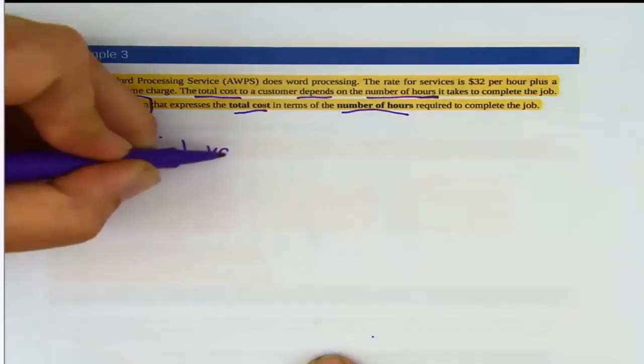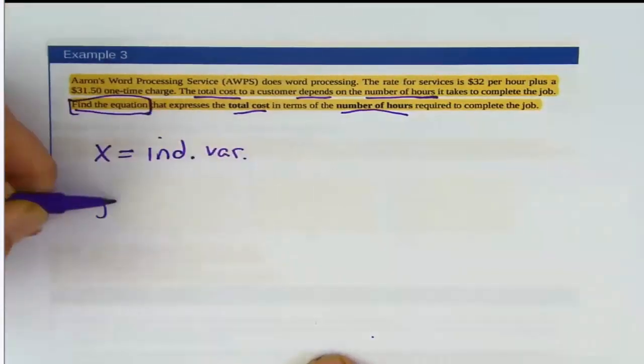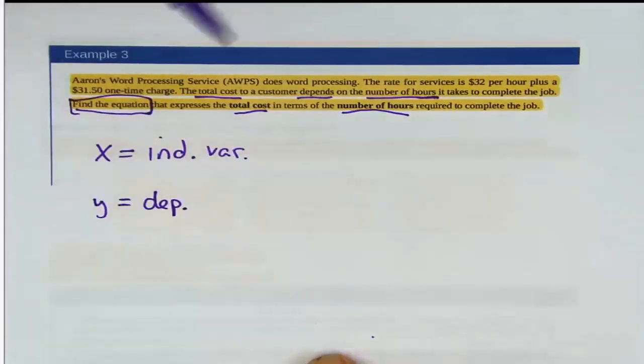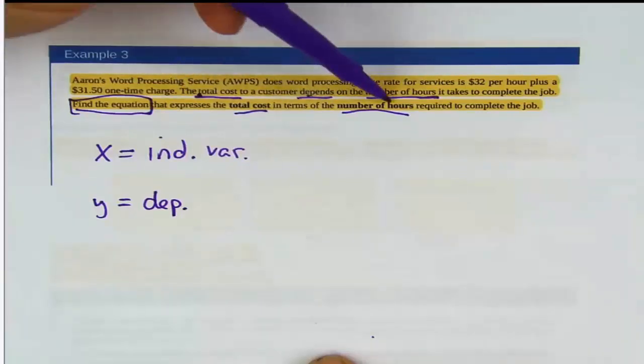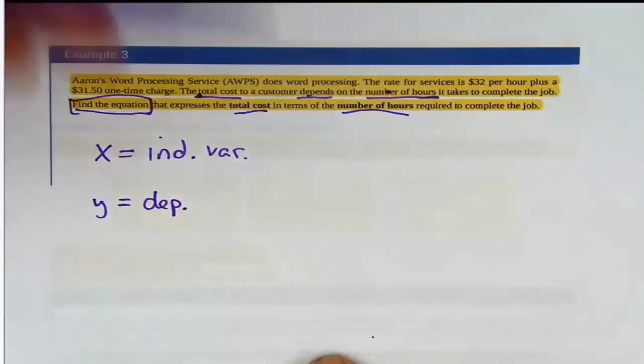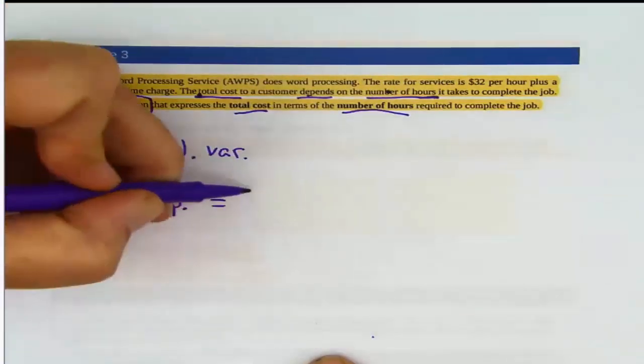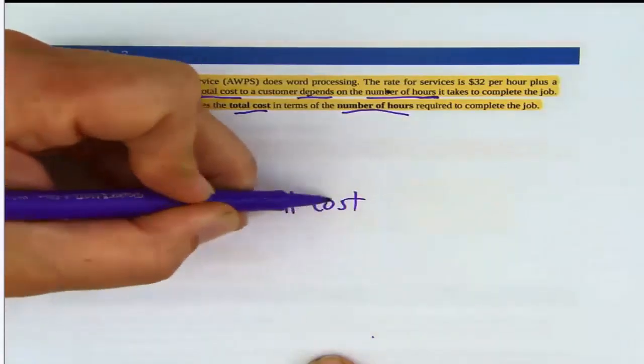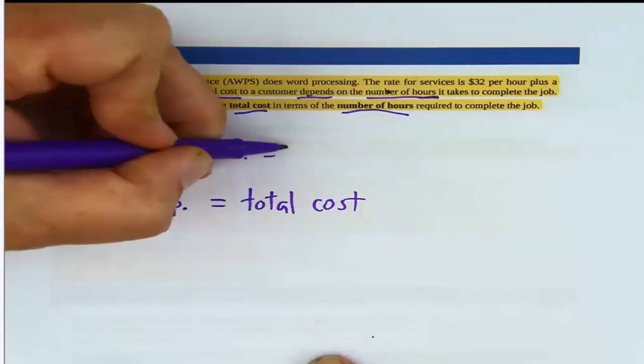So here, remember x is called the independent variable, and y is of course the dependent variable. And they're telling us that right here, total cost depends on number of hours. Okay, so that means that the y variable will be total cost, and the x will be your number of hours worked.